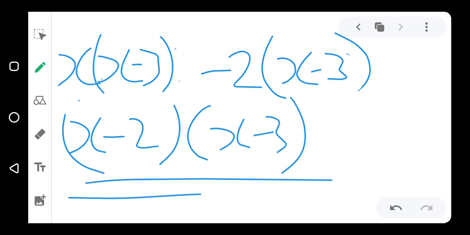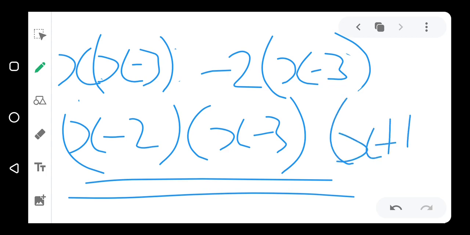So these are the two remaining factors of this polynomial. So the whole factors are now the one given to us, which is x plus 1, then x minus 2, and x minus 3. So this is the complete factorization of the polynomial.